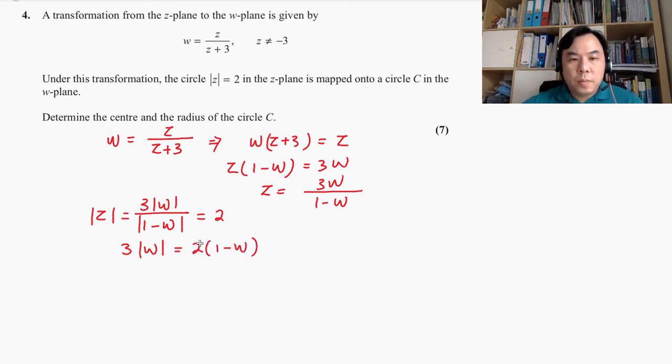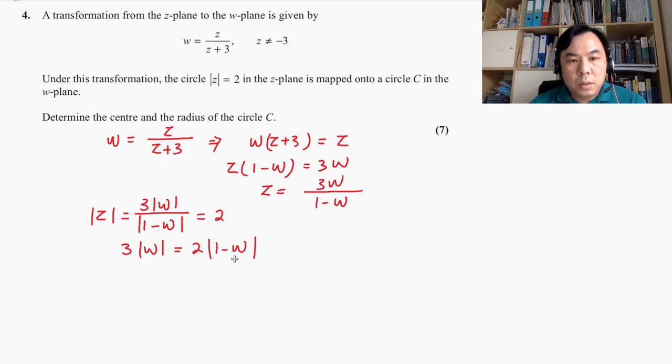Oops, I think I forgot to write these notations properly. It should be 1 minus w here. Now, from here onward, you would be able to recognize that this is actually a circle equation.